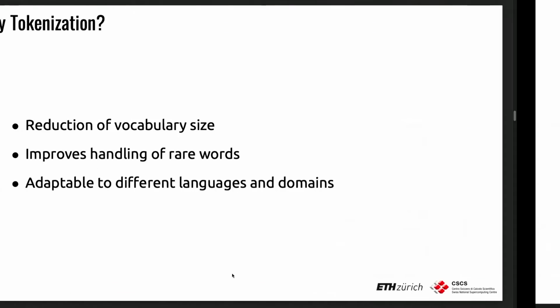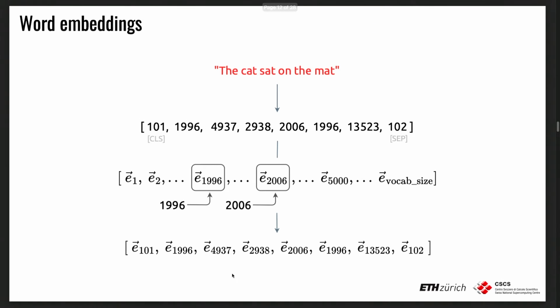To give some meaning to the words, these tokens are replaced by a set of vectors. So every token has a vector assigned to it. These vectors are of high dimensionality. For instance, in BERT, the dimension of these vectors is 784, and they are called word embeddings.